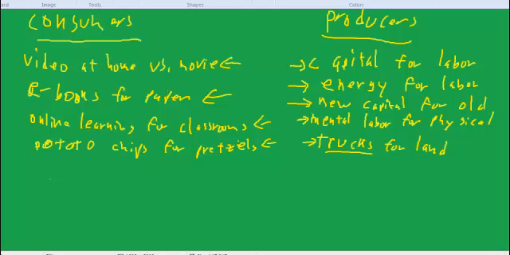And part of the job of an entrepreneur is to make decisions about substitution, either to discover ways of substituting that consumers can take advantage of, or to, as a producer, find ways of substituting that make the economy more efficient, that produce things more efficiently.